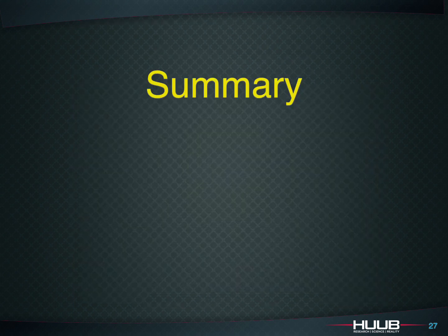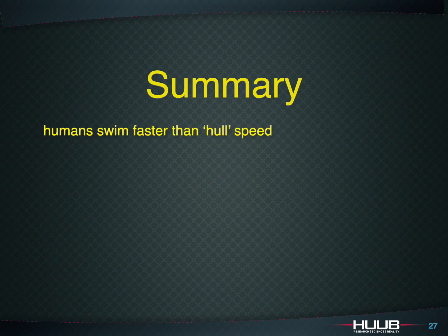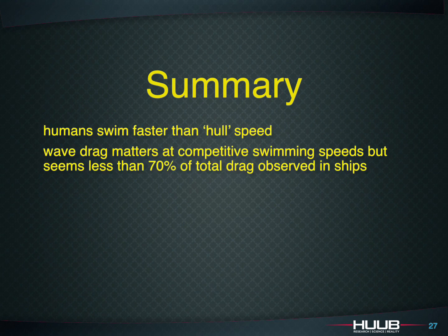So in summary, humans swim faster than hull speed. Wave drag matters at competitive swimming speeds, but seems less than 70% of total drag observed in ships. And so maybe it's not as bad as we feared it would be, but still it is a considerable part of total drag while swimming.